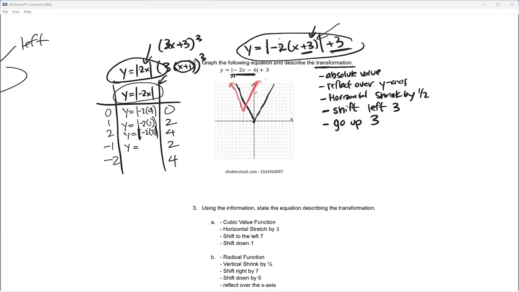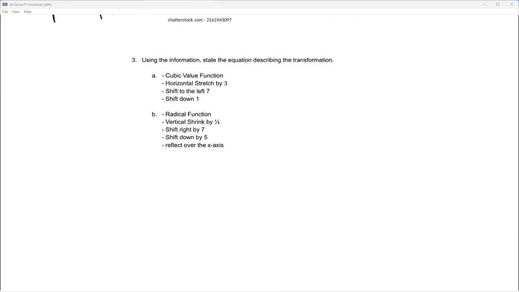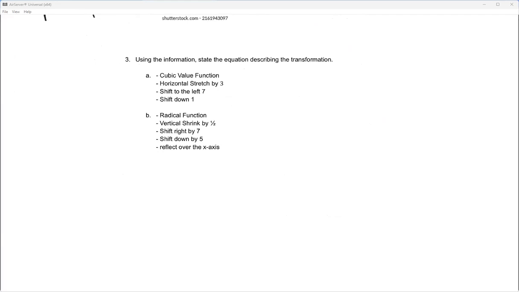Number 3. Anybody know the equation for this one? Anybody get it? Y equals what? Cubic function, so if it's cubic, it's x to the third power. Horizontal stretch by 3. What does that look like? Is it 3 or 1/3? 1/3, right?